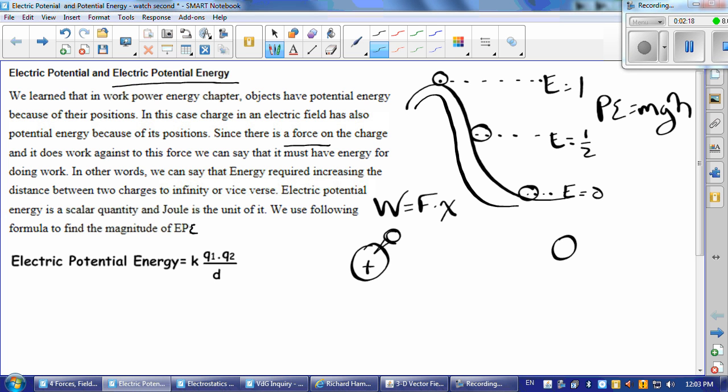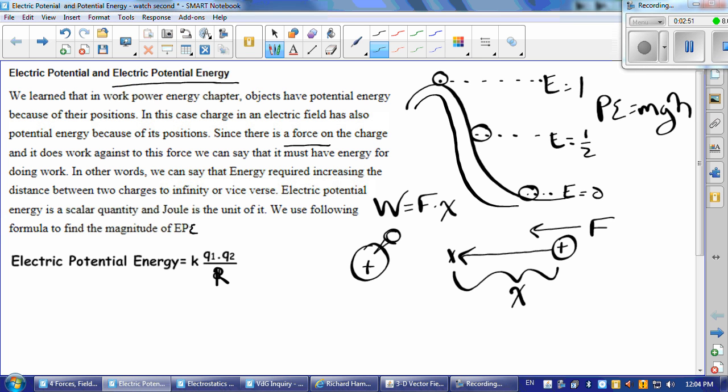If I want to bring another positive charge some distance d or x, I need to exert a force on it in that direction. Well, if you exert a force over a distance, you're doing work. And that's exactly what electric potential energy is. You can see the equation over here is EPE equals KQ1 Q2 over d. Once again, I am going to use R for this.